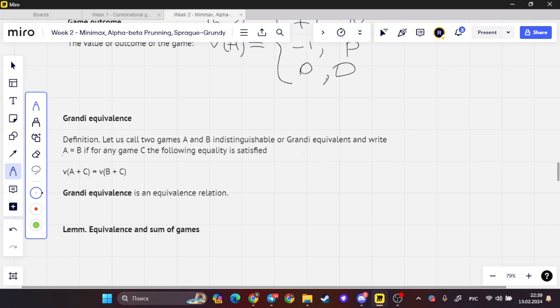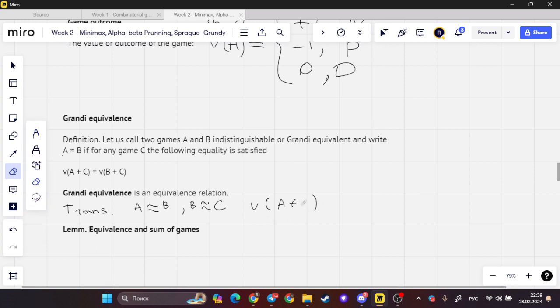Why is it true? Because we can just use transitivity. A is equivalent to B, B is equivalent to C. It means A plus X, for any X, we get this.